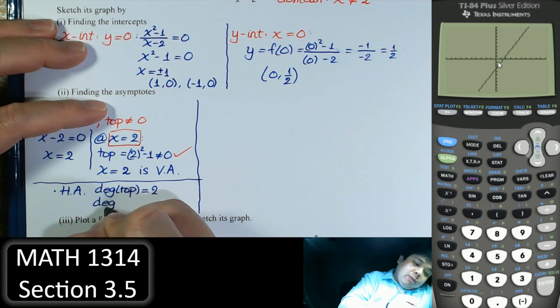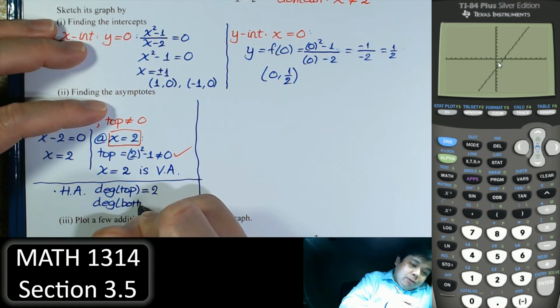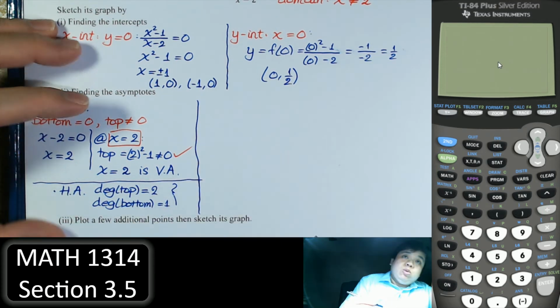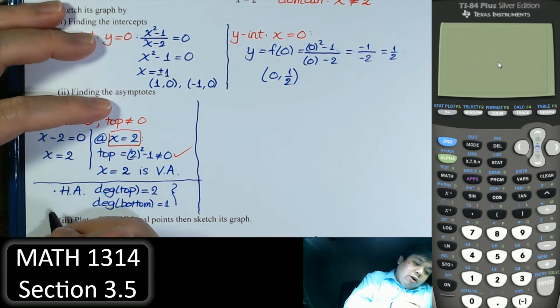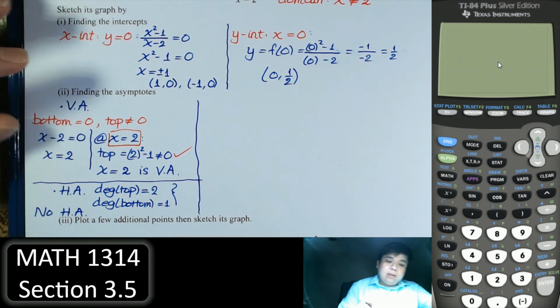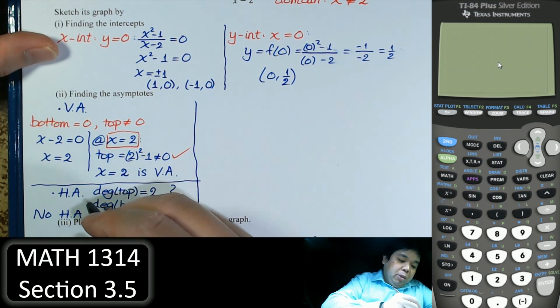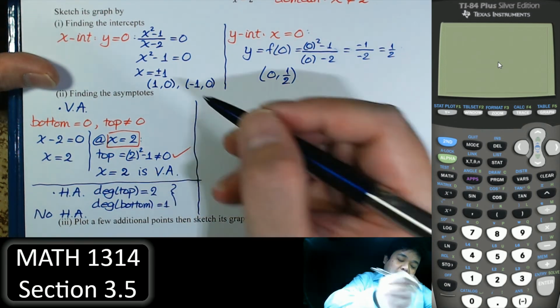Degree on bottom is 1. So degree on top is 1 more than the bottom, so it's no horizontal asymptote. Right, bigger on the top, there's none.